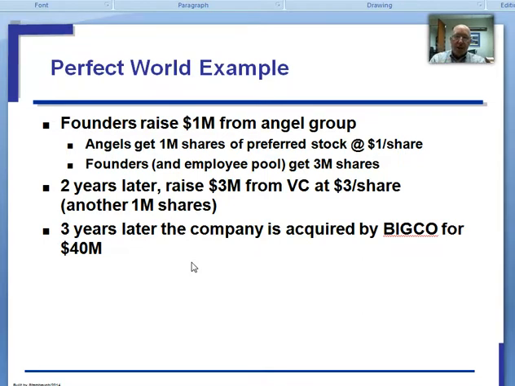They go out and raise money from a small venture capital firm, $3 million to be exact, at $3 a share, or 3 times what the angels bought in at. Which means they add another 1 million shares onto the capitalization table. And then 3 years later, the company is acquired by Big Co, whatever that means, for $40 million. You may want to keep this slide handy as we step into the Excel.